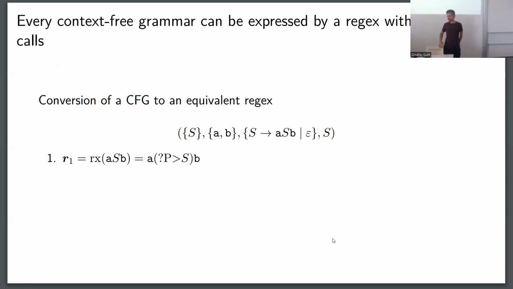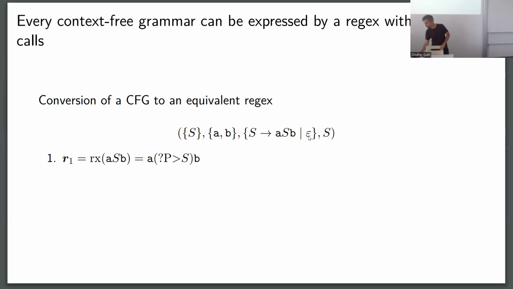Okay, so the first part of that proof is that we can convert any context-free grammar to a regular expression with concatenation, alternative, define rule, named parenthesis, and subroutine call. These are basically sufficient operations. The conversion goes that way: we get the grammar, and we do a straightforward conversion.